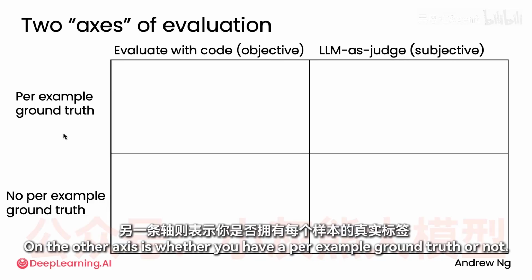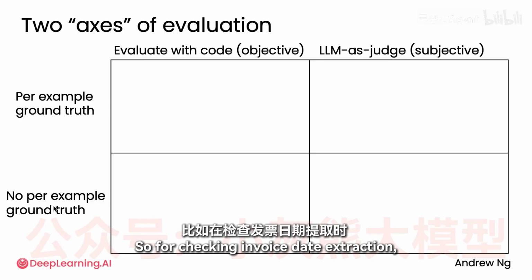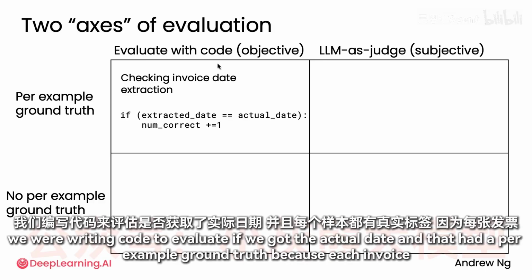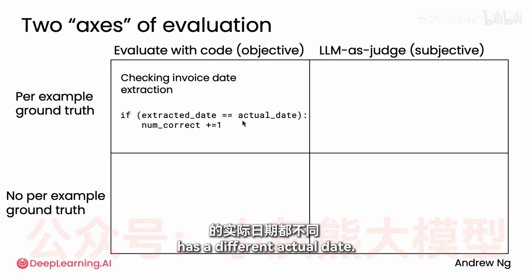On the other axis is whether you have a per example ground truth or not. So for checking invoice date extraction, we were writing code to evaluate if we got the actual date, and that had a per example ground truth because each invoice has a different actual date.